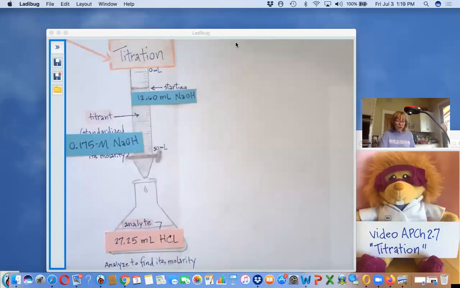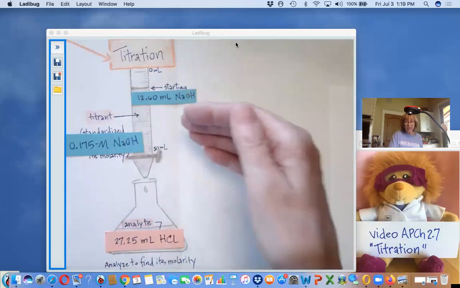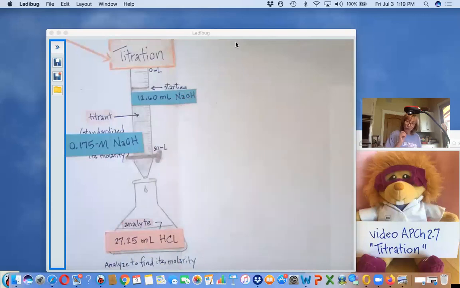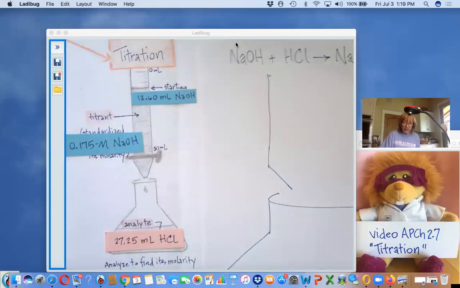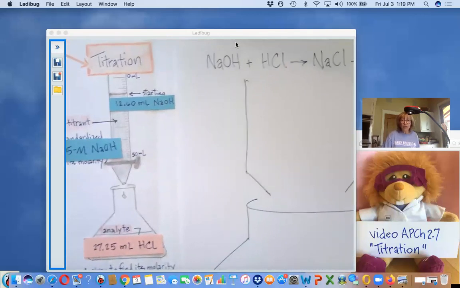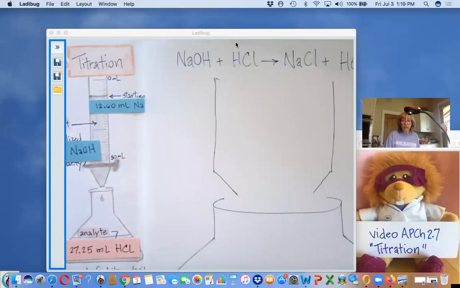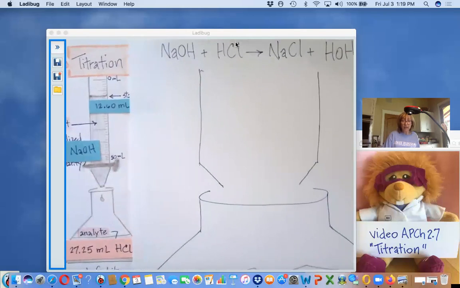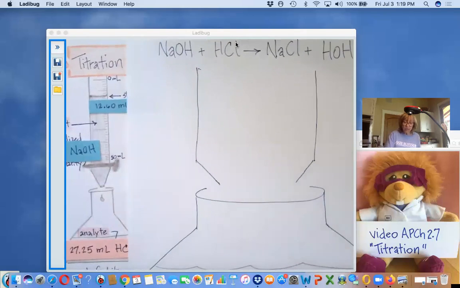Okay, now how do you know what is going to be the stoichiometrically equivalent amount, or the exact amount? Well, you have to have a balanced equation. So here I've got sodium hydroxide plus hydrochloric acid. This reaction makes sodium chloride and water.